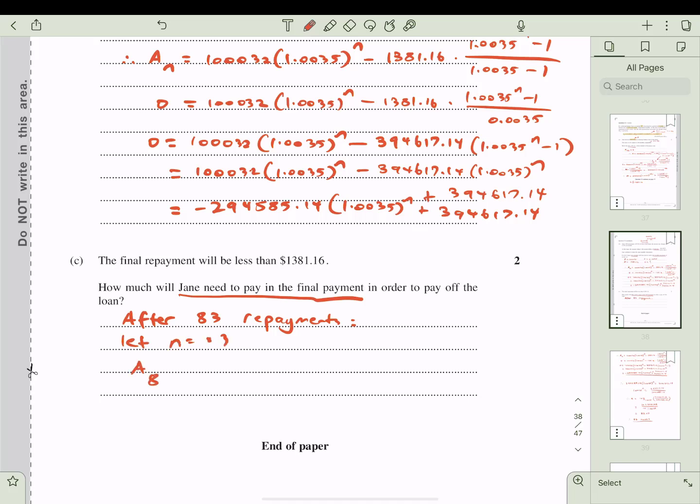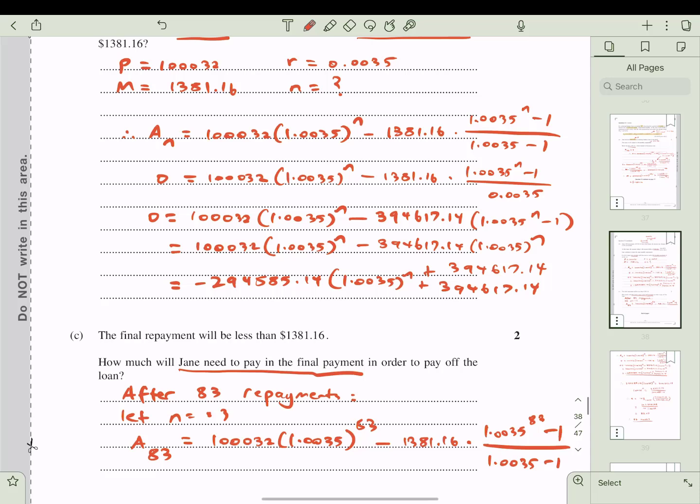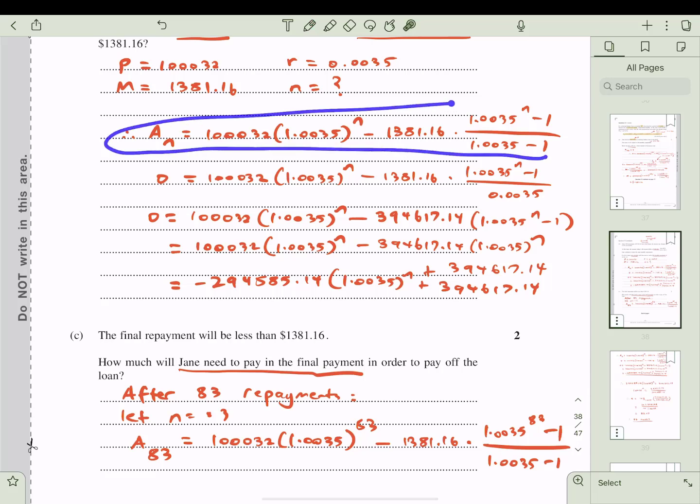So A of 83 is now going to equal 100,032 times 1.0035 to the power of 83 minus 1381.16 times (1.0035 to the power of 83 minus 1) over 0.0035. So this is just subbing in n equals 83. So we are using this equation we had before.